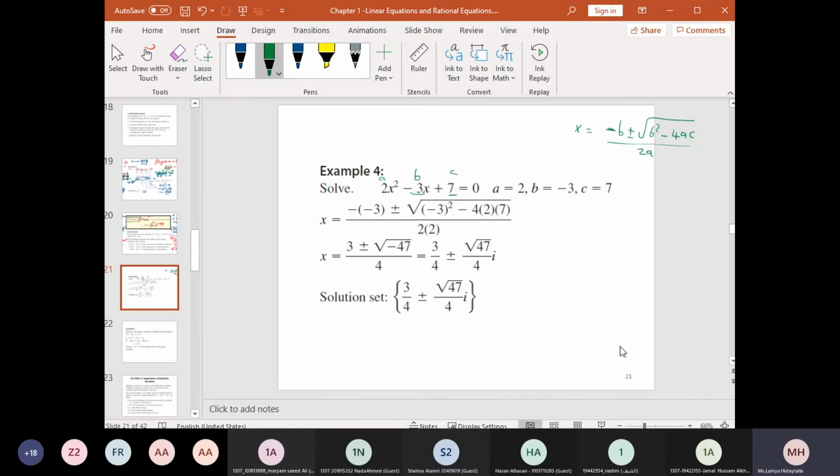Then substitute in this formula. After substitution, you do the calculation: minus 3 square is 9. Then 9 minus 4 times 2 times 7; 4 times 2 is 8, 8 times 7 is 56. So 9 minus 56 is minus 47.